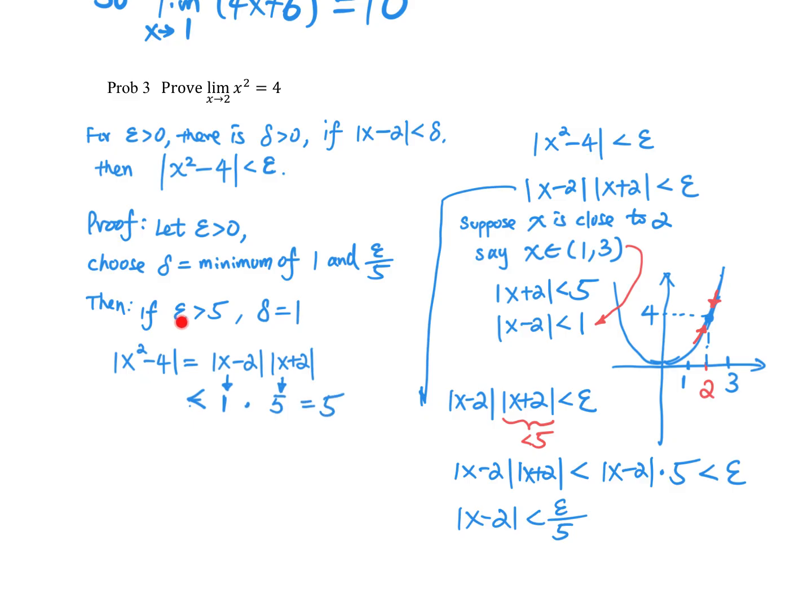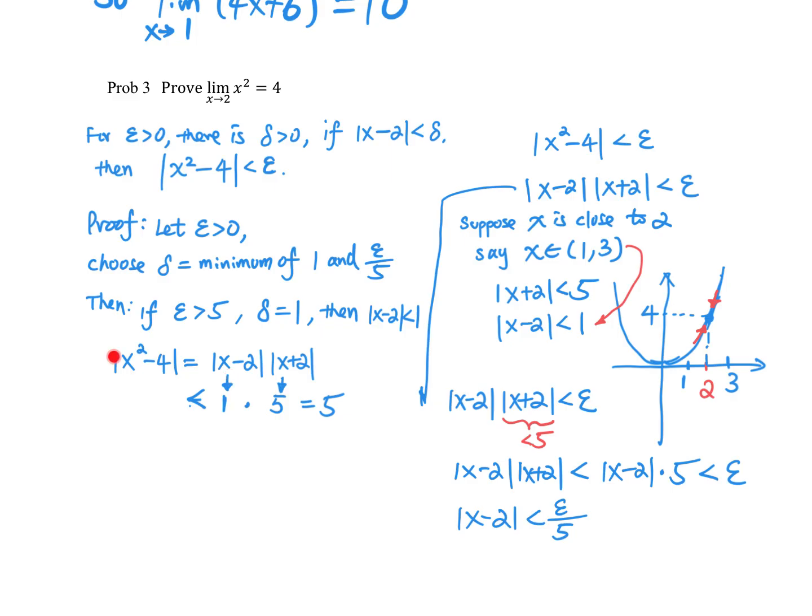You see, if you choose epsilon that's greater than 5, I already showed you that as long as my x minus 2, then delta is 1, that means the absolute value of x minus 2 is less than 1, right? That's where I'm using my delta right there.